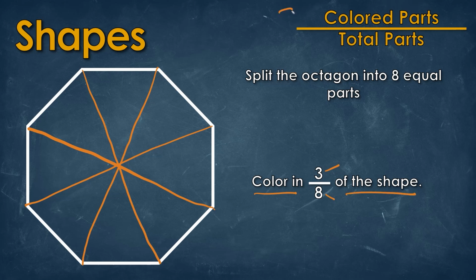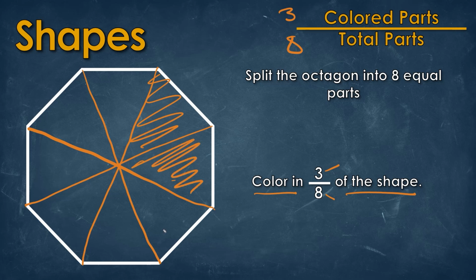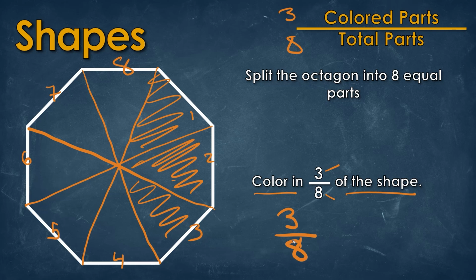So we're going to color 3 out of a total of 8 parts. So 1, 2, 3. Okay, and that's 1, 2, 3, 4, 5, 6, 7, 8. So we colored 3 out of 8 parts.